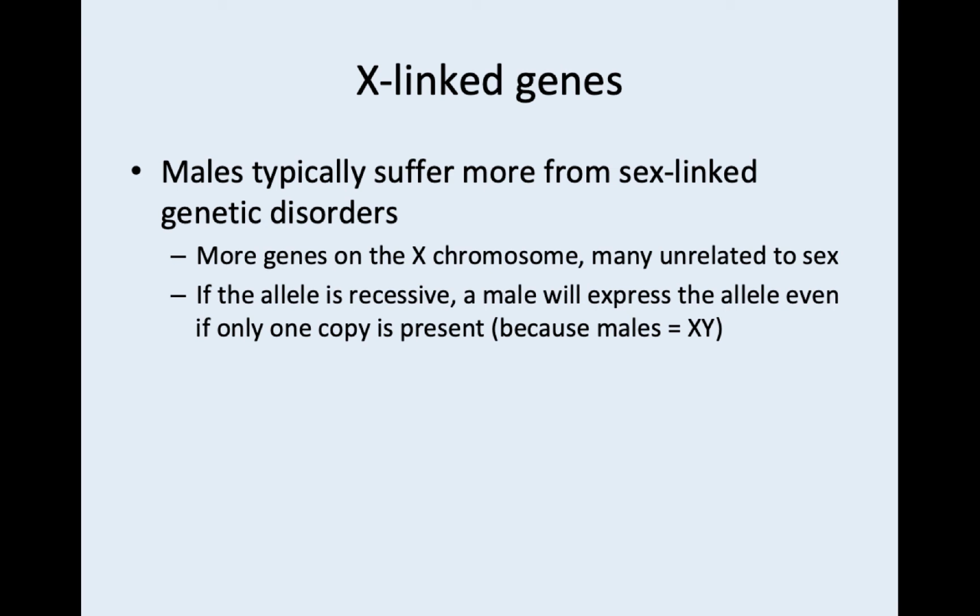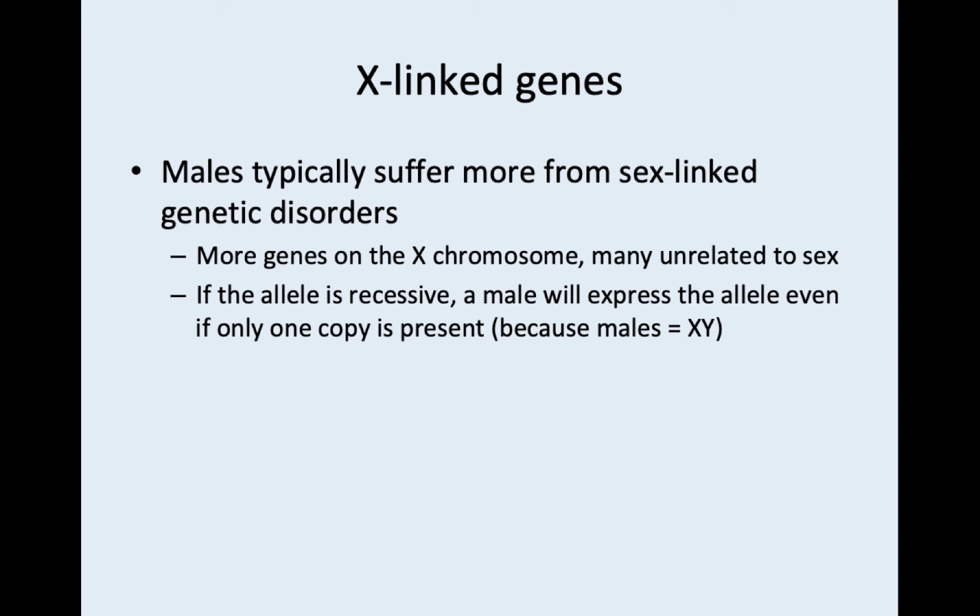because if a male gets a broken allele that says you can't clot your blood, and it's on the X chromosome, well then he doesn't get the chance to be heterozygous like the female does and inherit a working version. So normally in our autosomal chromosomes, where we have typical complete dominance, mutant phenotypes come up less frequently because you need to be homozygous.